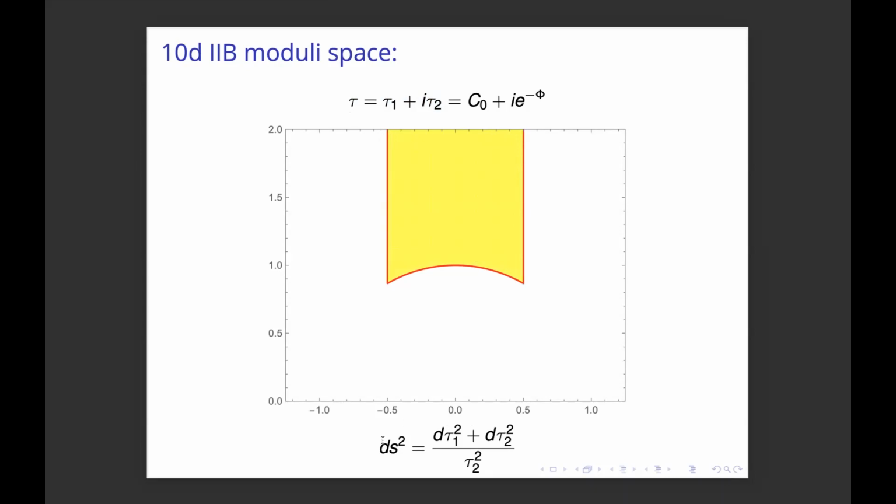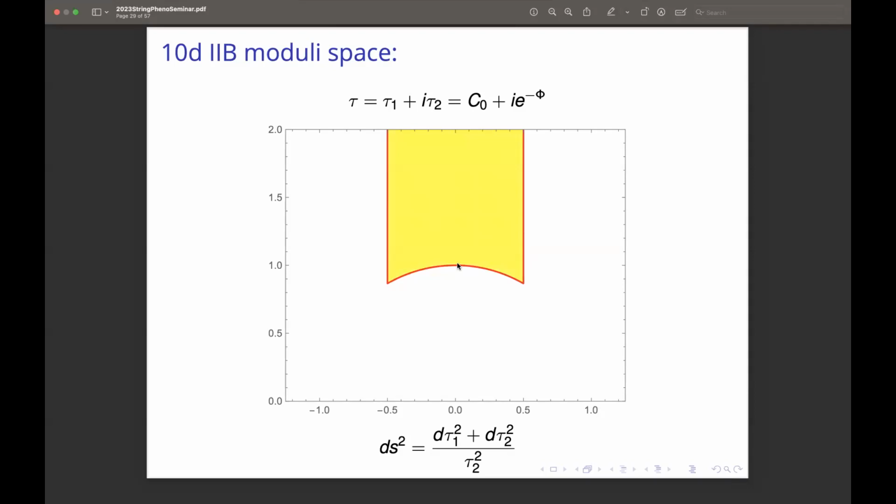And the metric on this space is the Poincare half-plane metric. In this case, there's only one infinite distance geodesic, only one infinite distance limit. And that limit is just going vertically up this region infinitely far up. That's the only infinite distance limit.